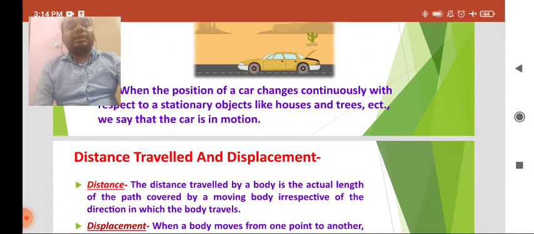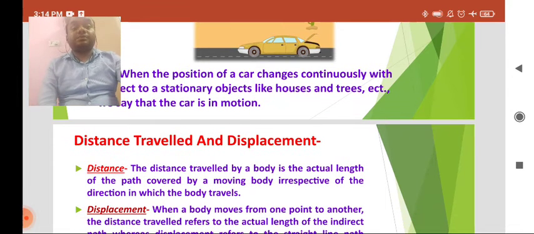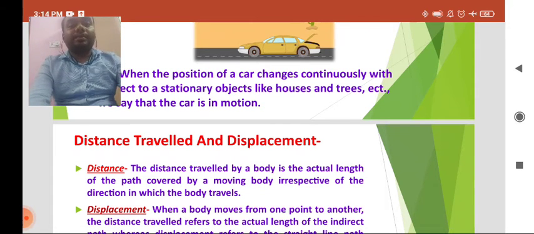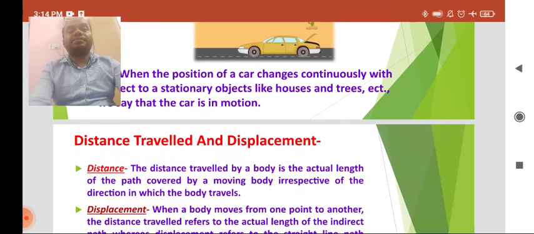Next topic: distance traveled and displacement. Distance is a scalar quantity. Distance traveled by the object is the largest distance, while displacement is measured by the shortest distance between the two points.